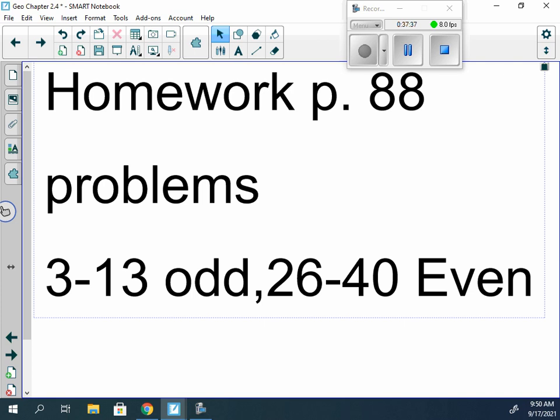So like the ones we did before, you're solving it on one side, justifying your steps right next to it. 26 through 40 even. 26 through 32, name the property that the statement illustrates. So reflexive property of equality, symmetric property of equality, transitive property of equality. And 34 through 40, use the property. So you're finishing the statement. And that is it.